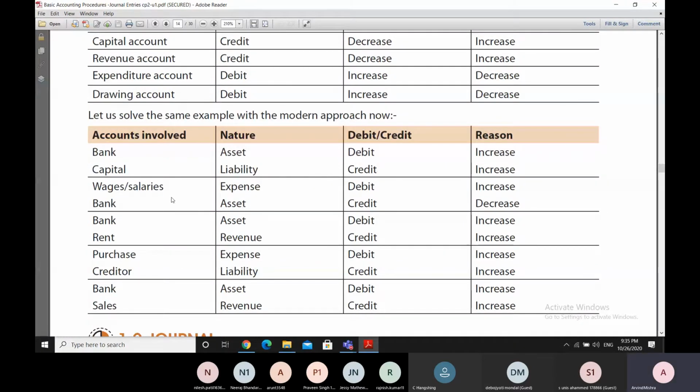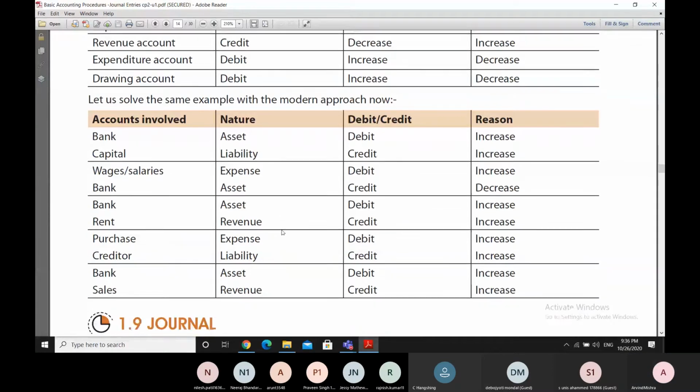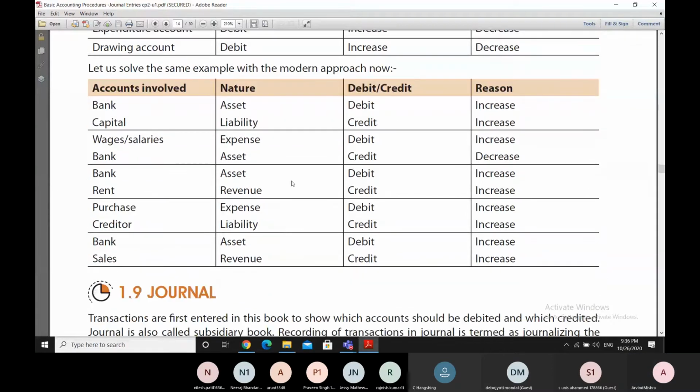Similarly, wages and salary is an expenditure account, and the increase is debited, and bank is an asset account, and its decrease is credited. Similarly, bank is an asset account and increase is debited, and rent is a revenue account, and any increase in the rent will be credited.